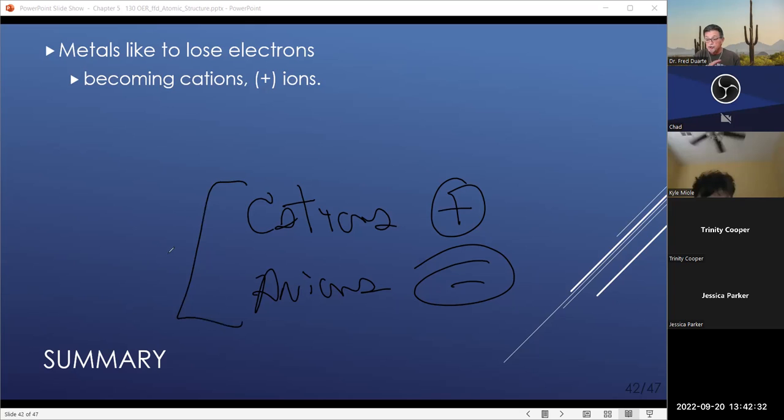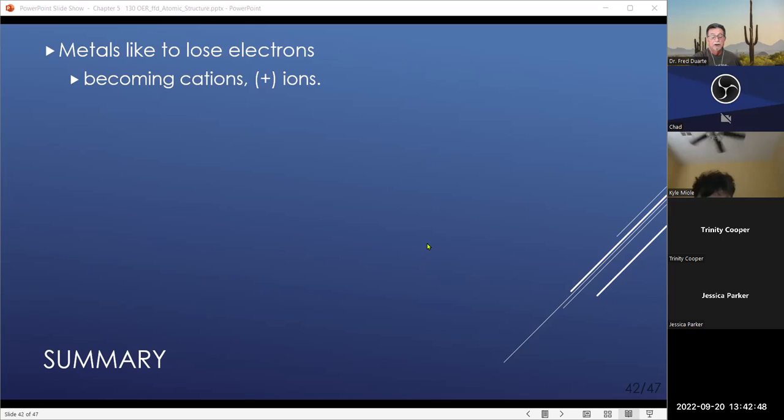Together, in general, they're just called ions. You have negative ions or positive ions. But specifically, when we talk about cations, we're talking about positive ions. When we say the term anions, we're talking about negative ions, which are nonmetals for anions and metals for cations.